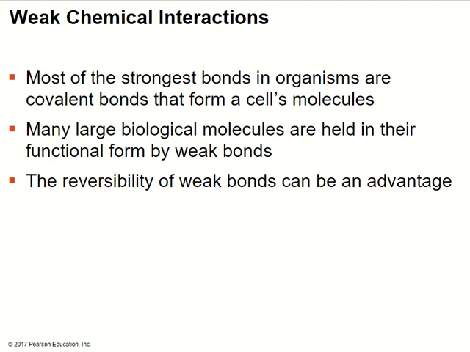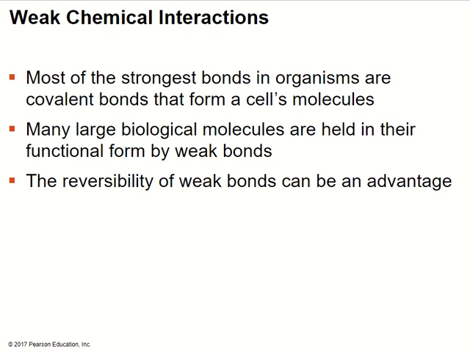Weak chemical interactions. Most of the strongest bonds in organisms are covalent bonds that form a cell's molecules. Many large biological molecules are held in their functional form by weak bonds.